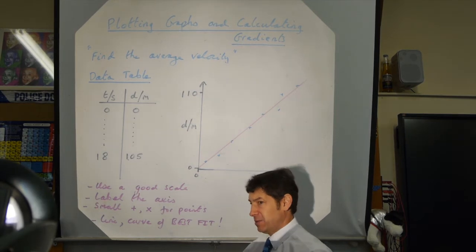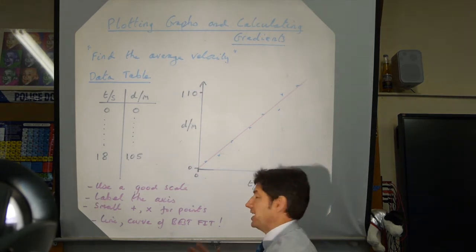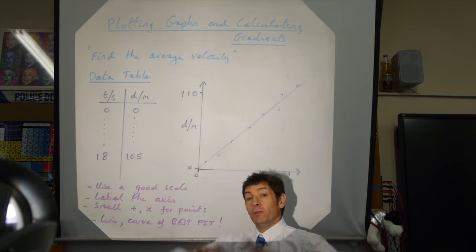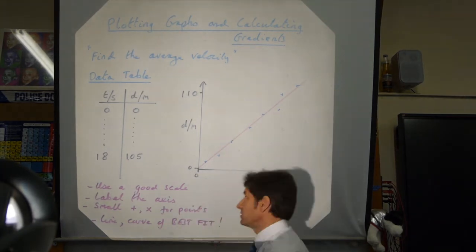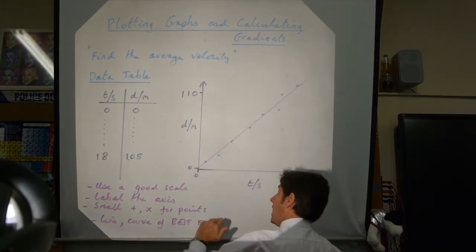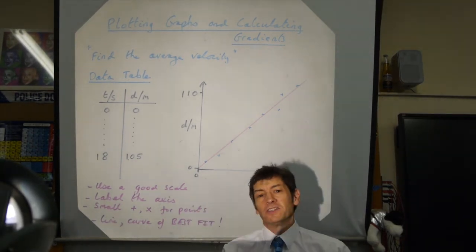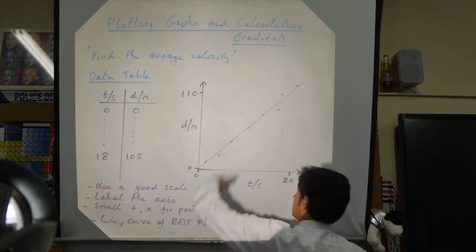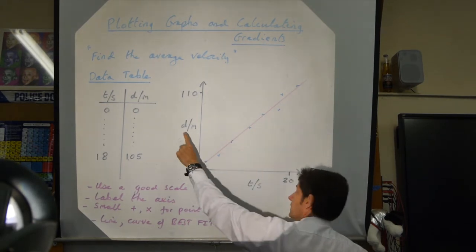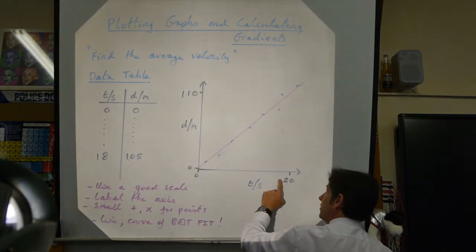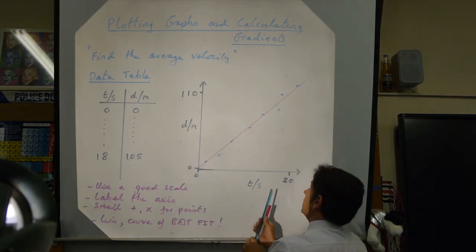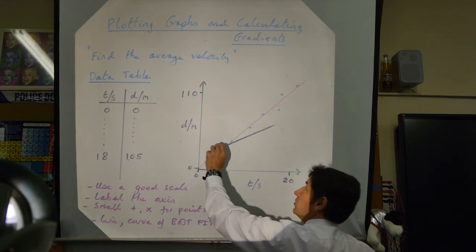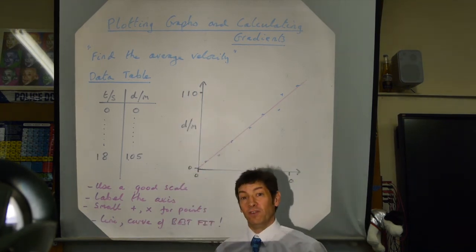And secondly, and this is a bit I find difficult to explain, you're suggesting that things in science on the big scale change in a jerky way, and they don't. When you speed up or slow down, your speed varies smoothly. In this case, distance divided by time is meters per second, so the gradient of this graph will be the average velocity.